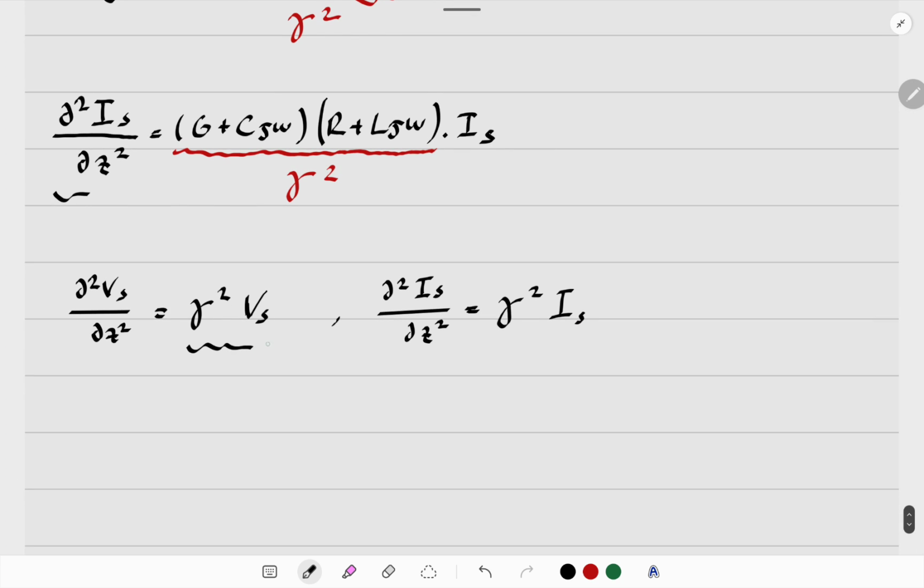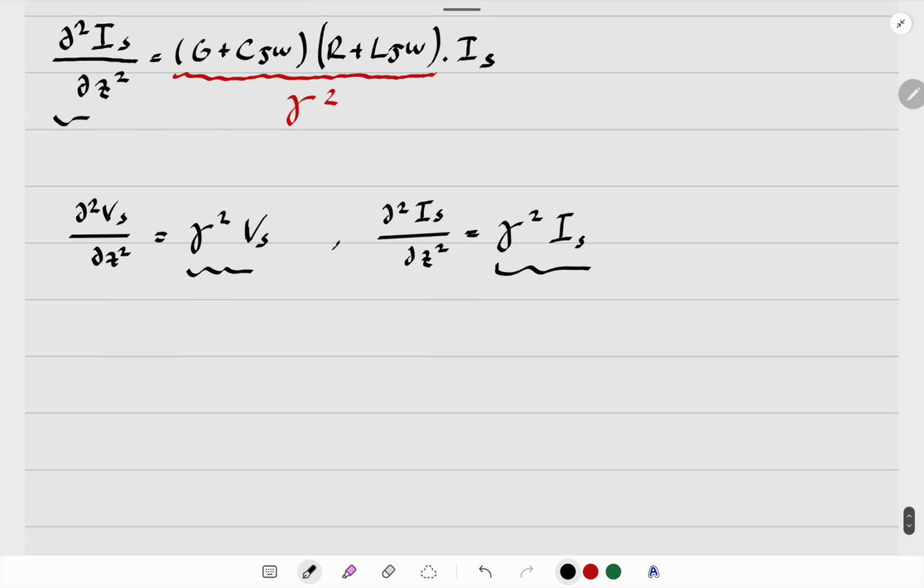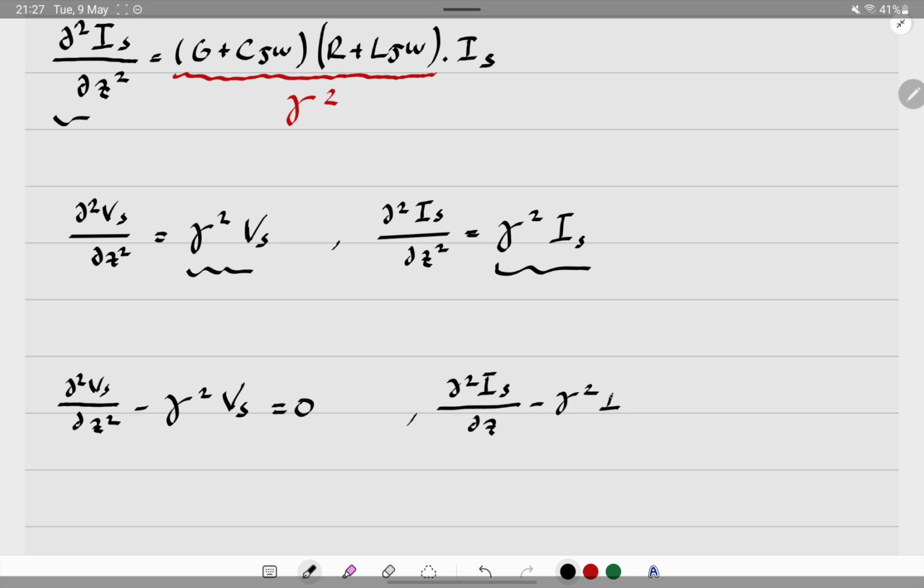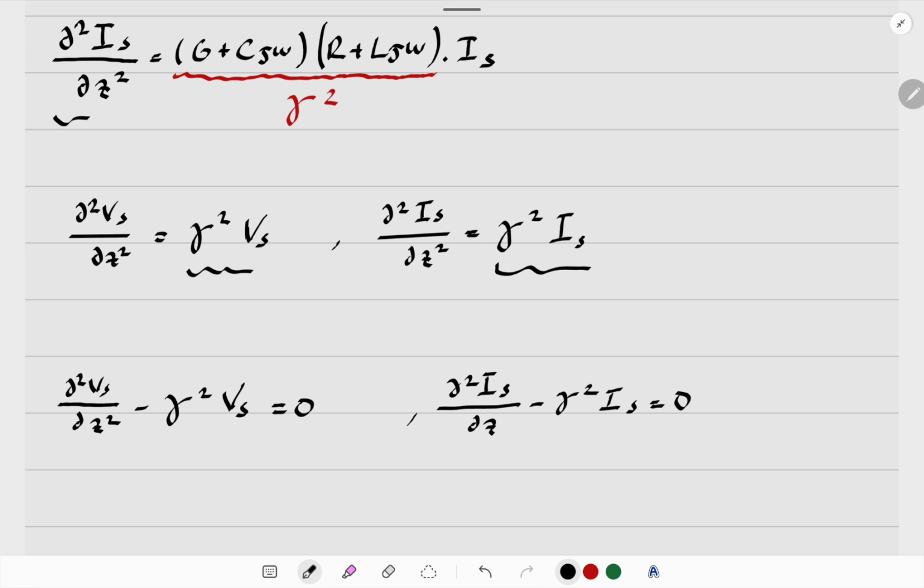And if we move this particular term to the left side, we can see that del square Vs del Z square minus gamma squared Vs equals to 0. And for the right one, del square Is divided by del Z square minus gamma squared times Is, it is also 0. You see, we have created two different equations as well.